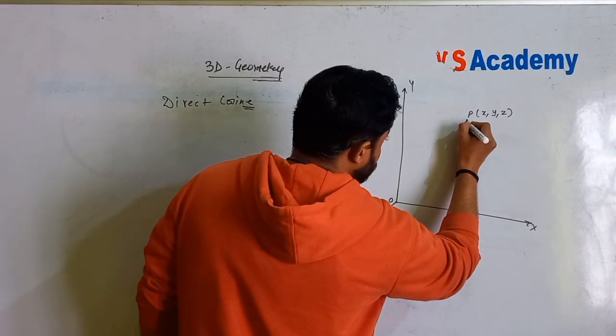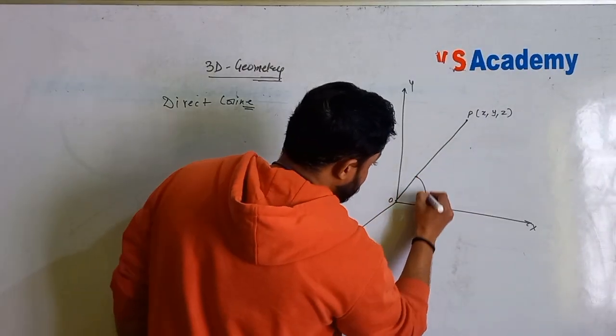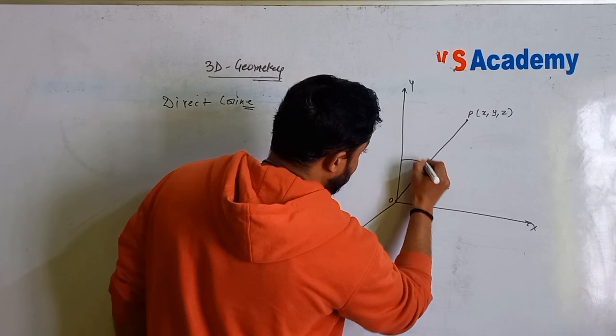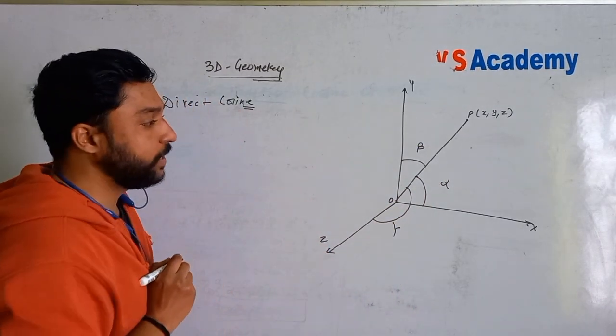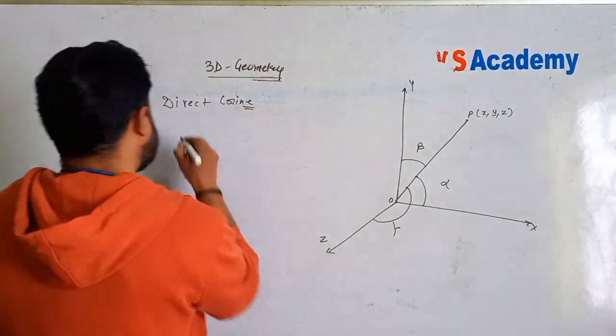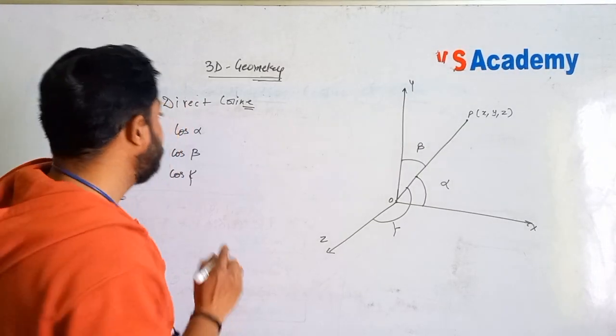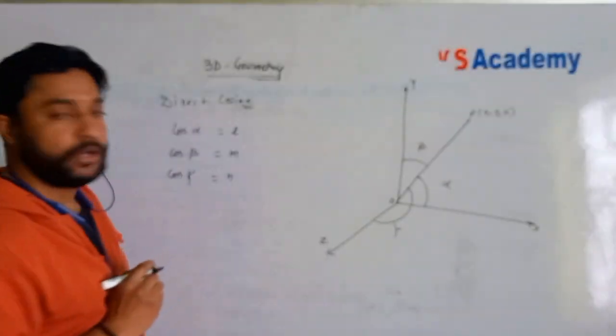And I can join it with the origin O. The line OP makes angles alpha, beta, and gamma with the positive directions of the x-axis, y-axis, and z-axis. So cos alpha, cos beta, and cos gamma are called direction cosines, also denoted by l, m, n, right?